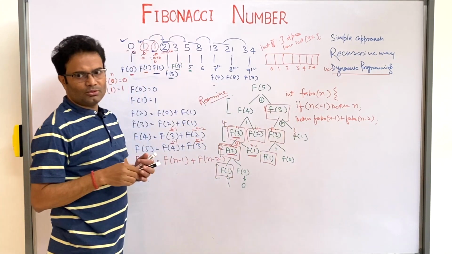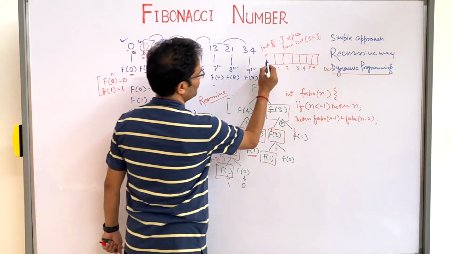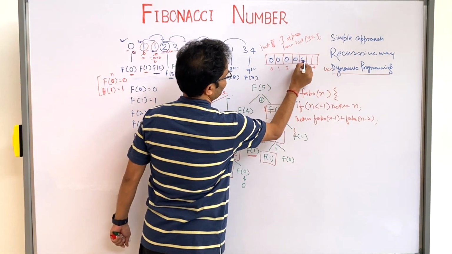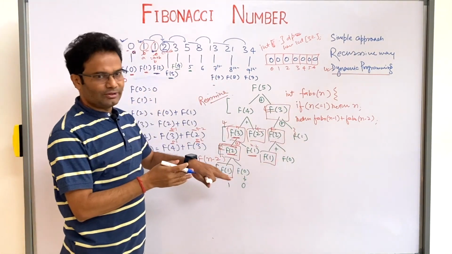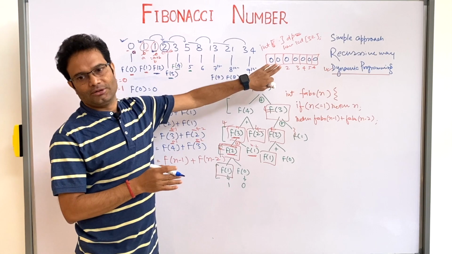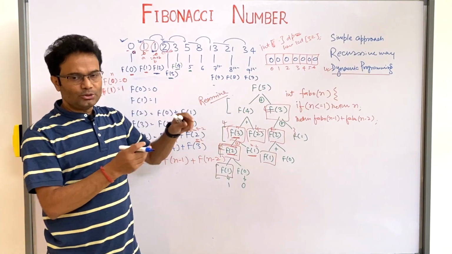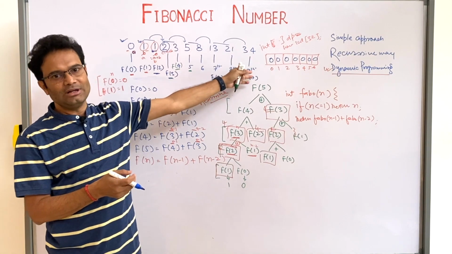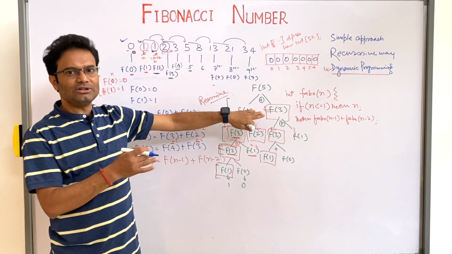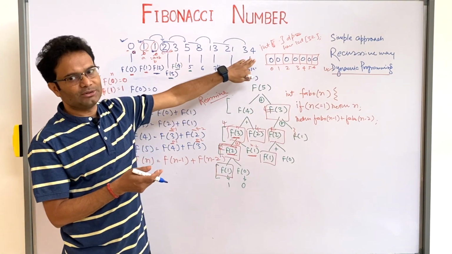By default, you know that all the values become 0 when you initialize any array, right? So whenever you do a calculation, keep those values in the dp. Next time, when you want to do a new calculation, first check in the dp. If it is not there, then you can calculate. If it is there, then there is no need to calculate. You can take the value from the dp itself.